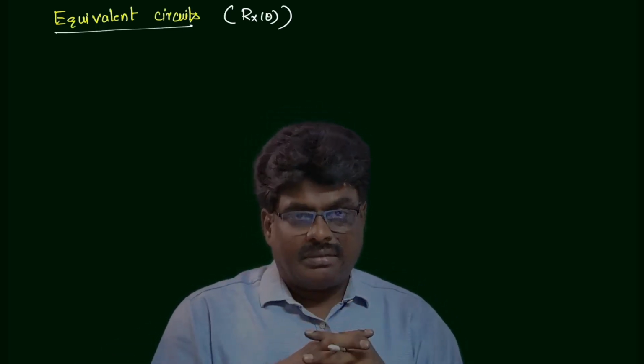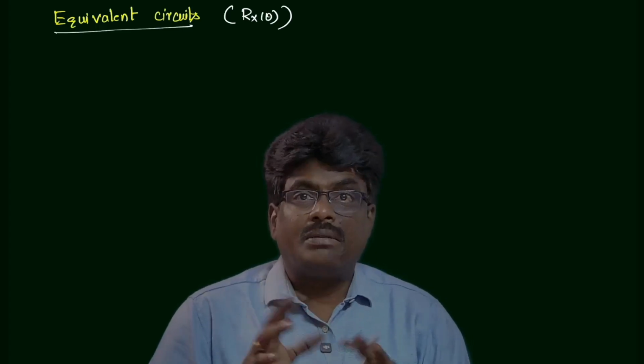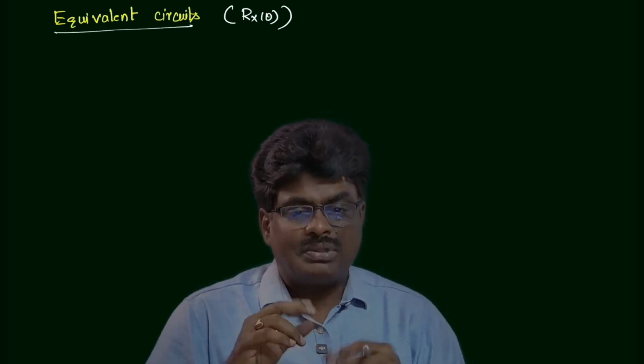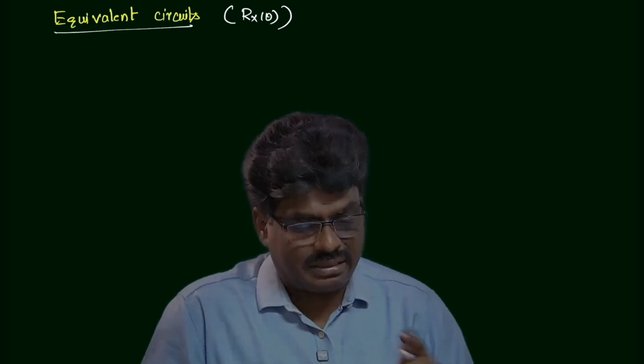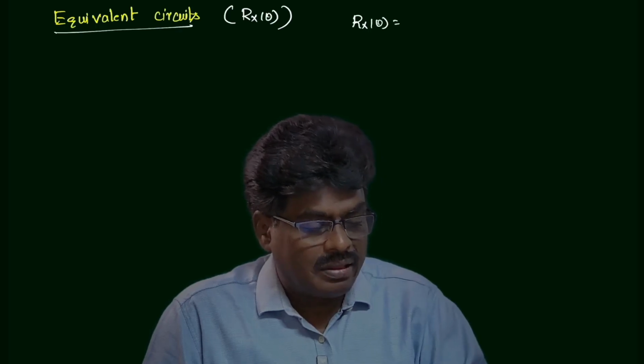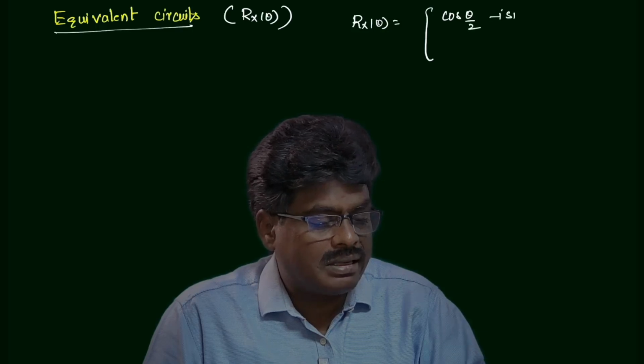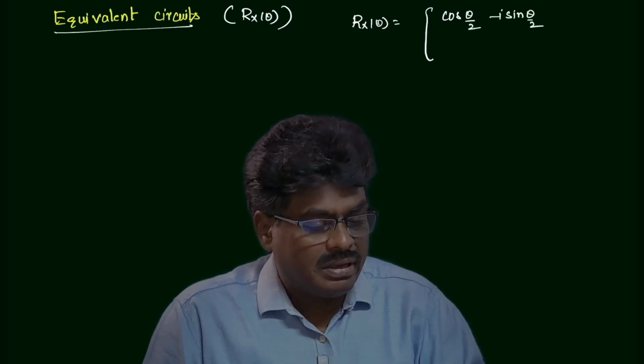So here I have observed something interesting about this Rx theta, that means the rotational operator about the x-axis. If you take this Rx of theta, this is cos theta by 2, minus i sin theta by 2, and minus i sin theta by 2, cos theta by 2.